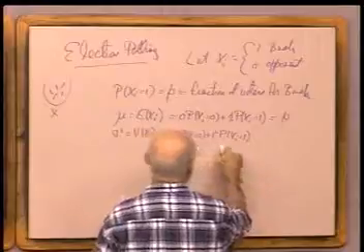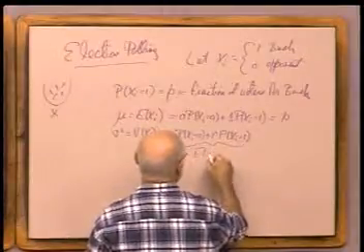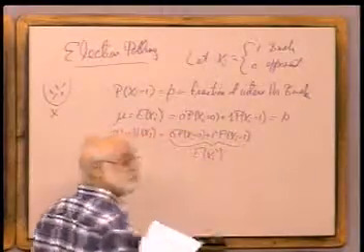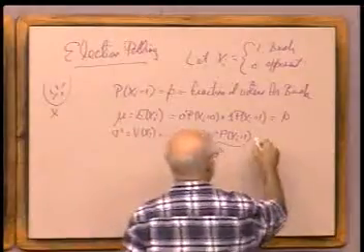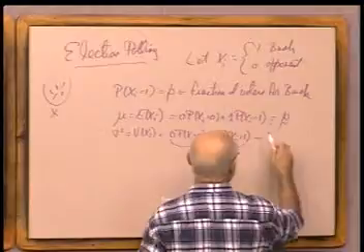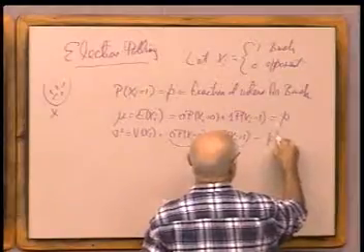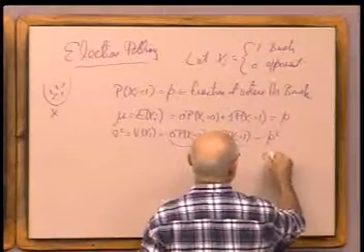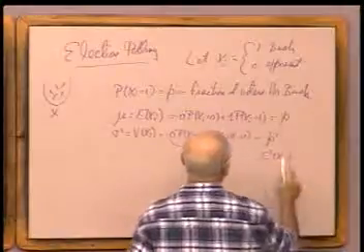So this part here is the expected value of x squared. And I subtract from that the square of the expected value. But the expected value is simply p, so that's p squared. So that part is e squared of xi.